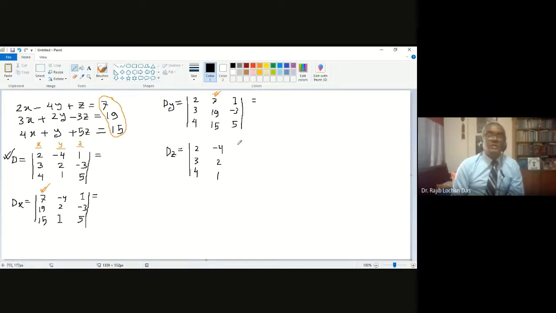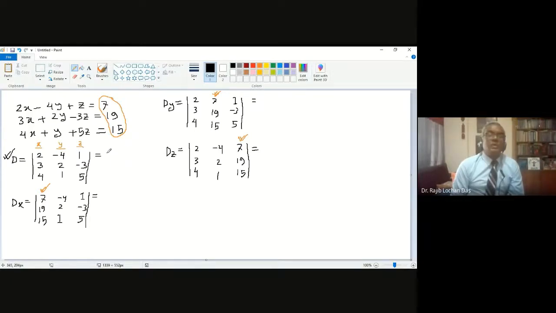Now you change the third column, that is the Z column, to 7, 19, 15. So you have the third determinant also, and now you do the calculation for finding the values.